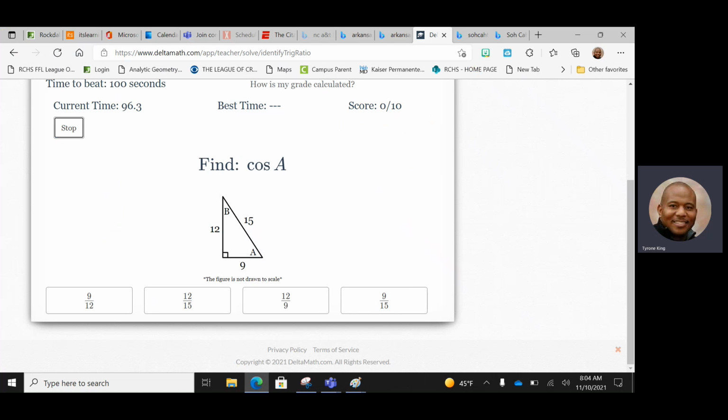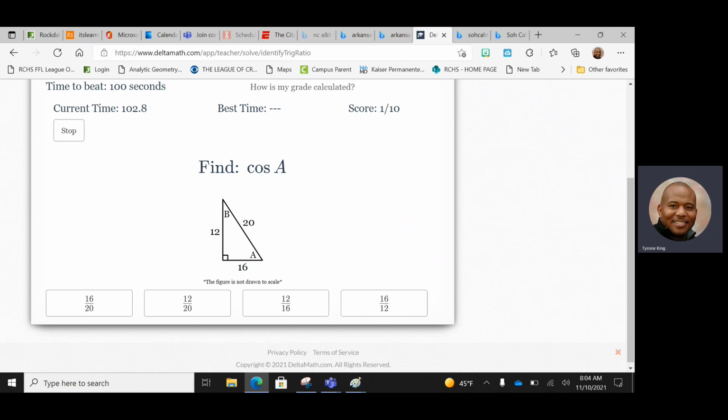I'll put 9 over 15, and then that'll work. I'll change the time to probably 2,000 seconds or something like that, so you'll have enough time to get everything right.